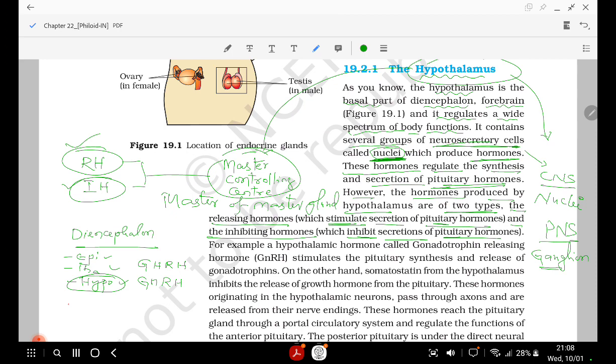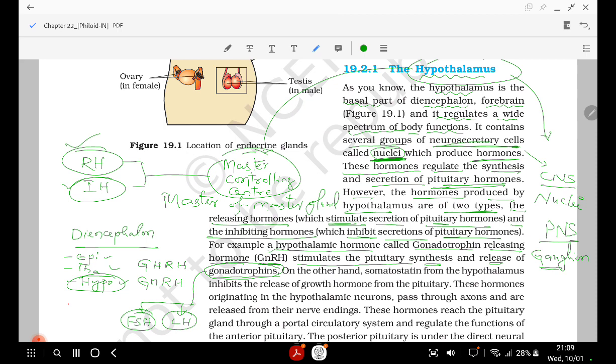Example given here, hypothalamic hormone called gonadotropin releasing hormone, GnRH. Its function is to stimulate the pituitary gland's synthesis and release of gonadotropins. We know gonadotropins are FSH and LH, which are secreted from the pituitary gland.